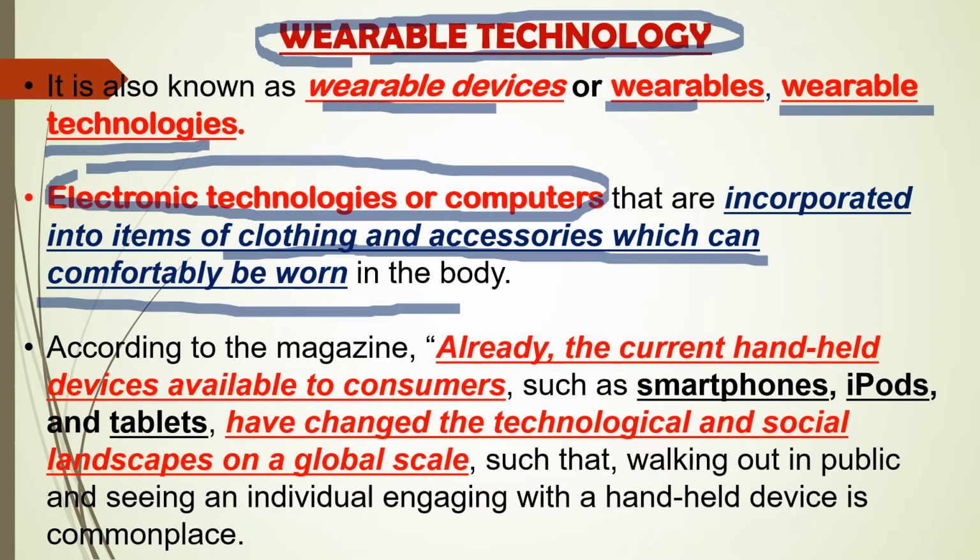So, another example, yung mga napapanood natin sa movie wherein kapag meron silang kailangan na bantayan, 'di ba, naglalagay sila ng napakaliit na camera wherein sinusuot nila para maging aware sila doon sa ginagawa ng isang tao.